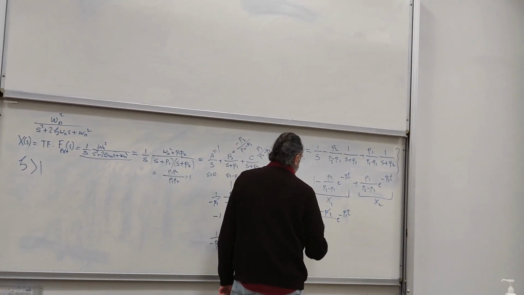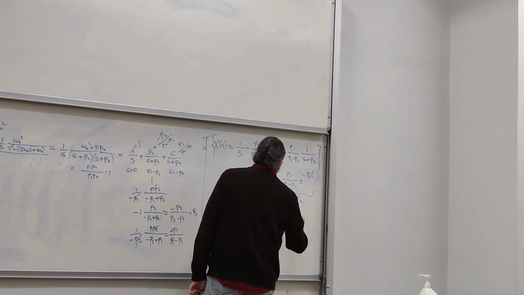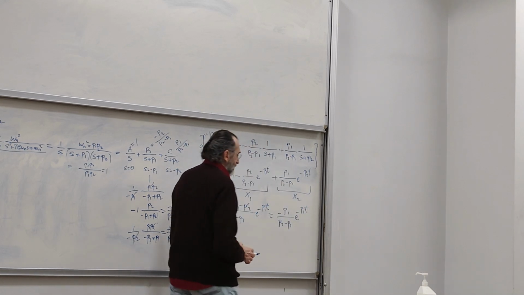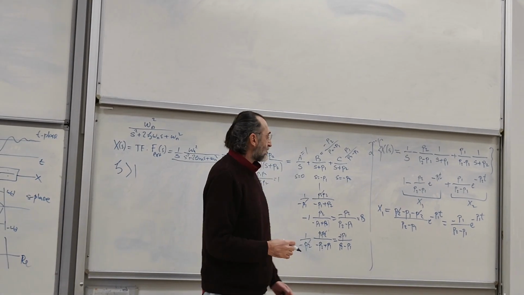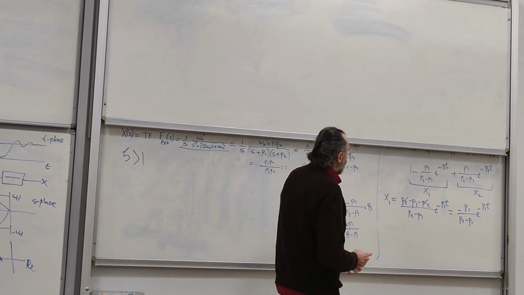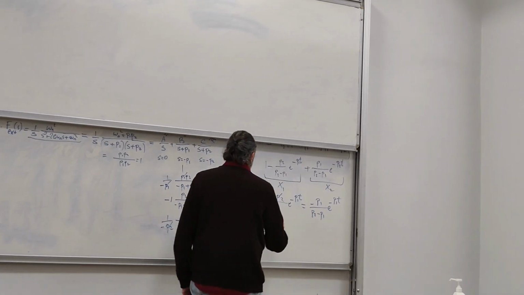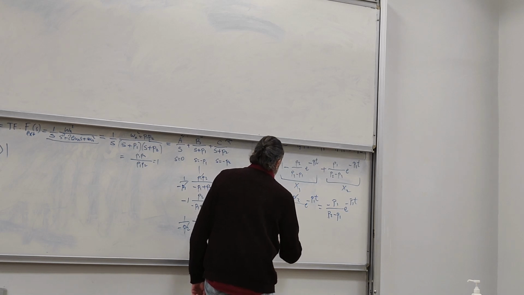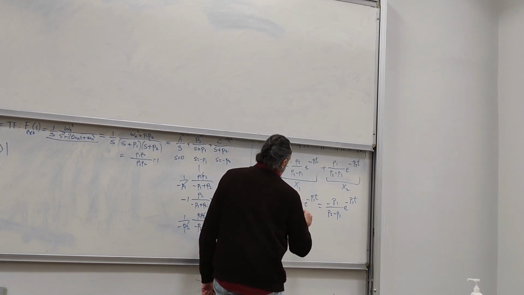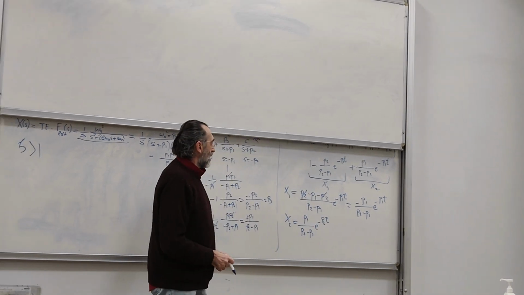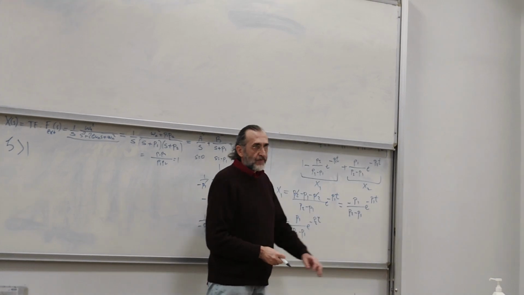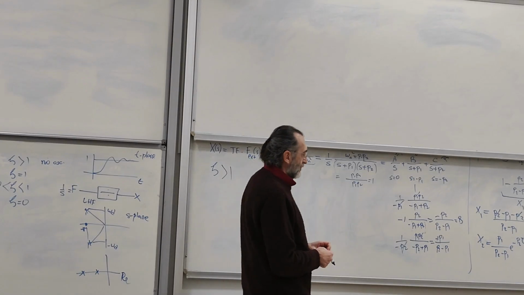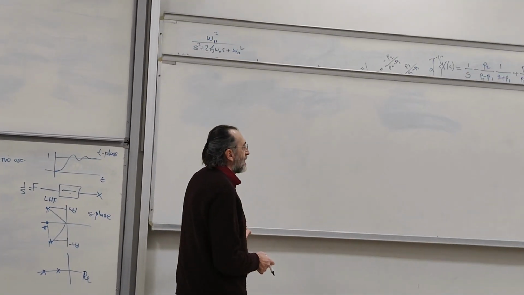And the P2's cancel each other, so I have minus P1 divided by P2 minus P1 e to the minus P1t. Oh my god, this is so boring. x2 is equal to that, so I just write it as it is. x2 is equal to P1 divided by P2 minus P1 e to the minus P2t. As you can see, both exponentials are stable. The system is not going to blow. But what is the system going to do?